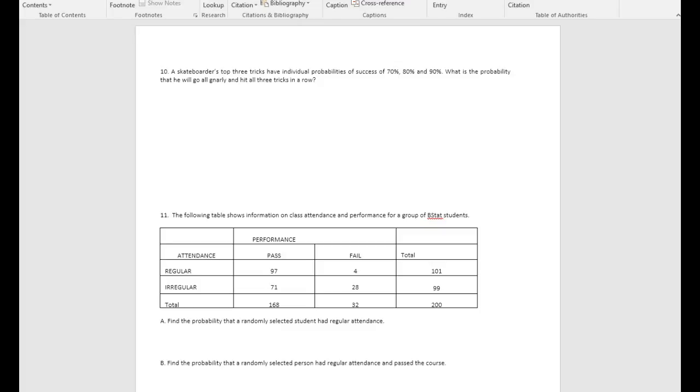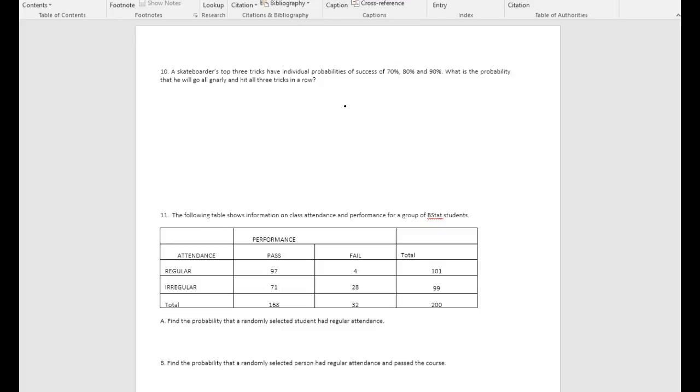Okay, number 10. A skateboarder's top 3 tricks have individual probabilities of success of 70%, 80%, and 90%. What is the probability that he will go all gnarly and hit all 3 tricks in a row? Hilarious. My buddy Kevin wrote this problem, so he's just being funny. So this is multi-step, right?